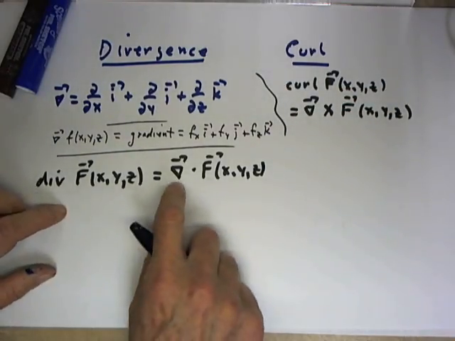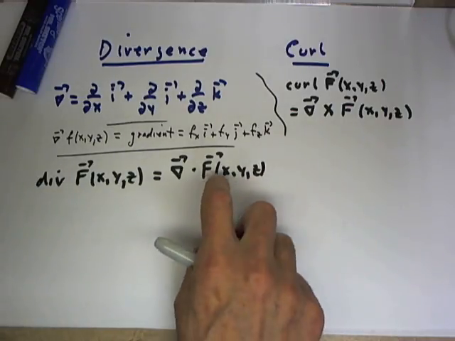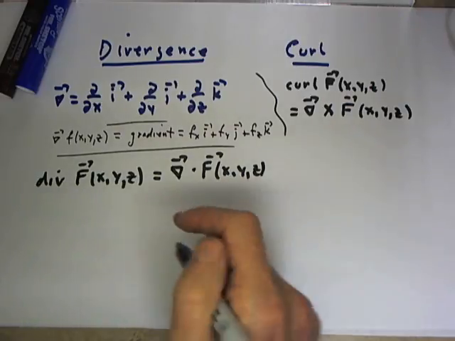Now, what is del dot f of x, y, z? Well, f of x, y, z, remember, is a function m i plus n j plus p k.